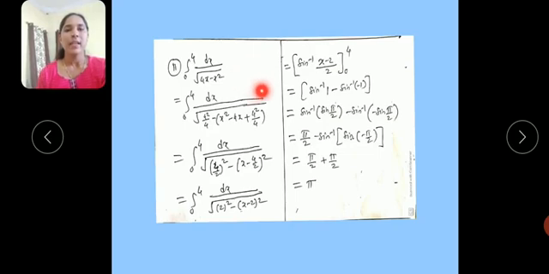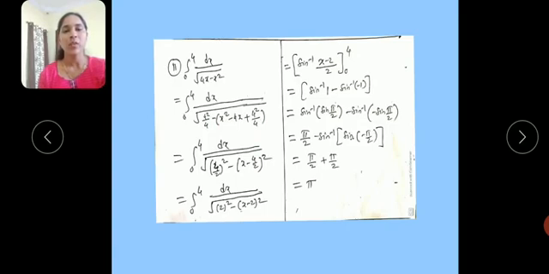For this example, using the formula, integration of 0 to a dx divided by square root of ax minus x square, arranging this, we get step number 3.